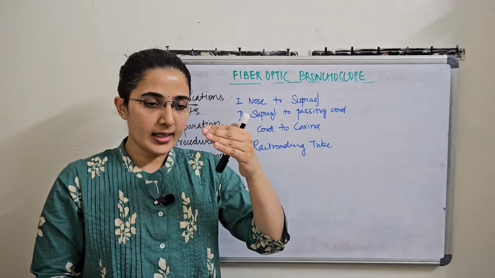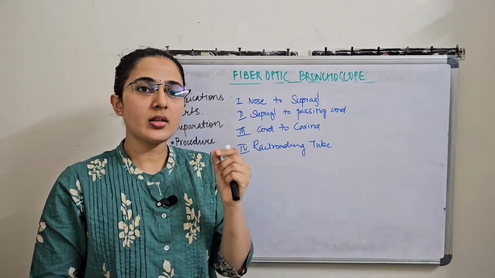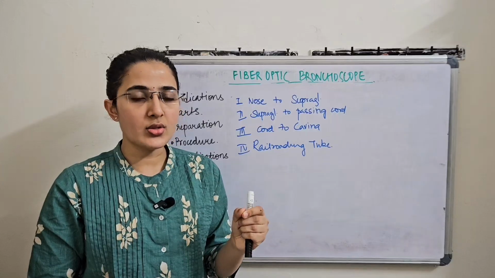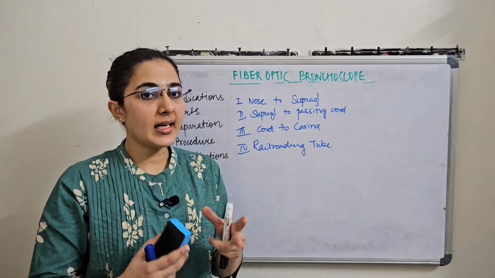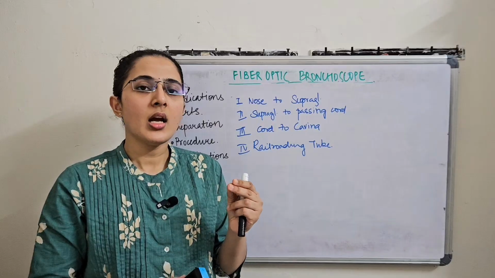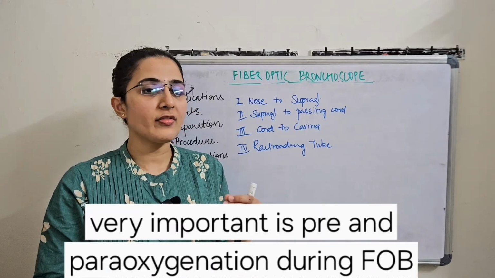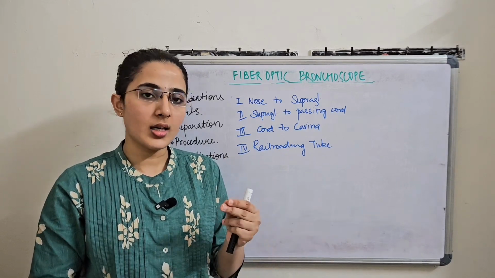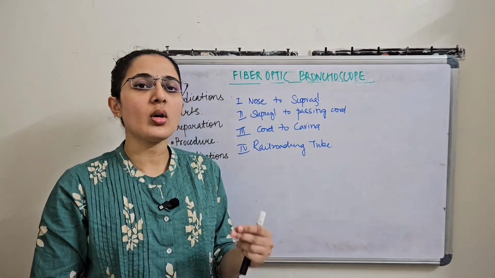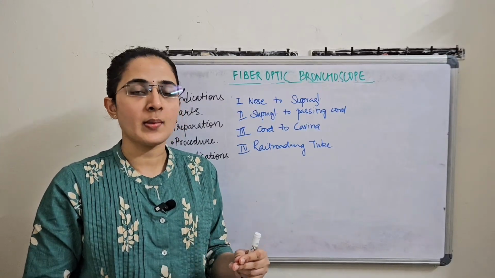Stand at the head end of the patient, and select the nostril which is of the wider gauge. You can also gradually dilate the nostril using nasopharyngeal airways. If you are using an oral route for the intubation, it is always better to use either the Ovassapian or the Berman airway, through which the fiberscope can pass smoothly.